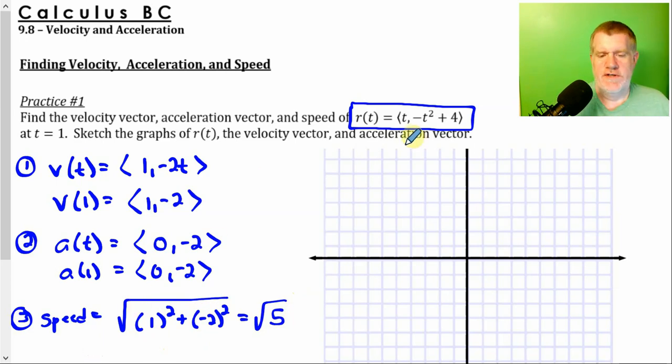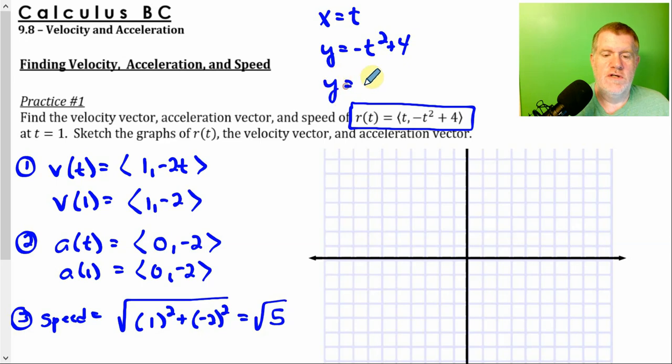Now I want to graph this. The easiest way I think to graph this is, let's find its rectangular equation. It's a very basic one, because x equals t. We know that y equals -t squared plus 4. So we do a little substitution. We get y = -x squared + 4. Good old parabola. The vertex at (0, 4).